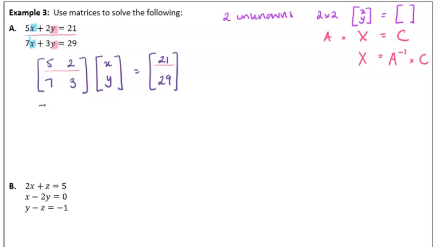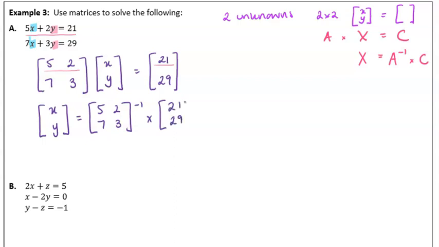So if we write that down in our setup, we're going to have x, y equals the inverse of our square matrix. So in our notation, remember we put that as to the power of -1 times our column of answer matrix. And so from this point, if we're just solving it, we can put it into our calculator. We don't have to calculate what the inverse is, but we may choose to.